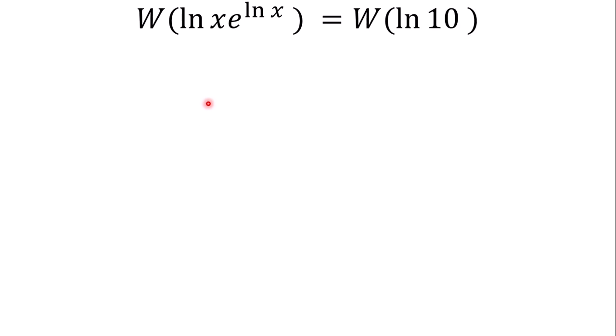Good. Now, because the Lambert W function takes something times e to the power something, here we are going to get our something back. So here, W of natural log of x times e to the power natural log of x will give us natural log of x. But here, W of natural log of 10 will not give us anything back, but rather a numerical value.